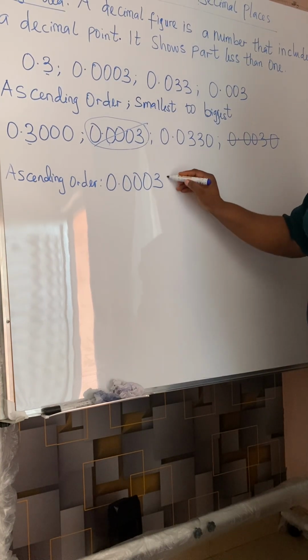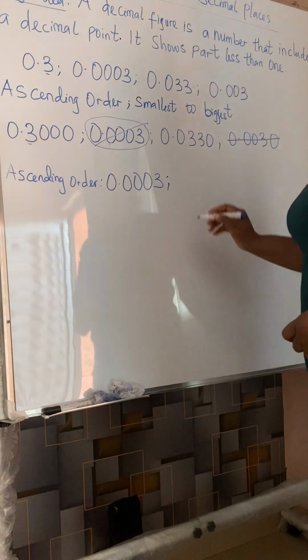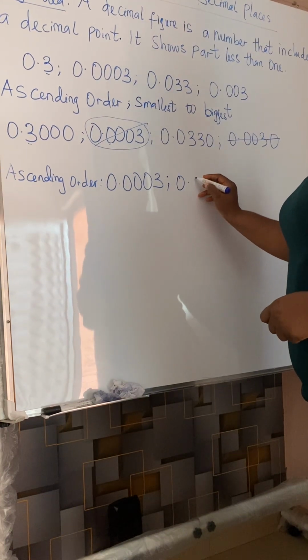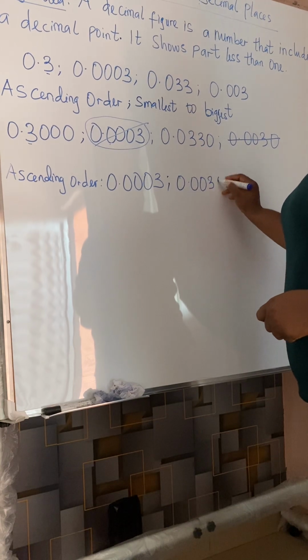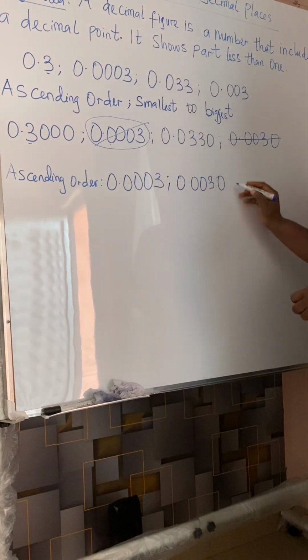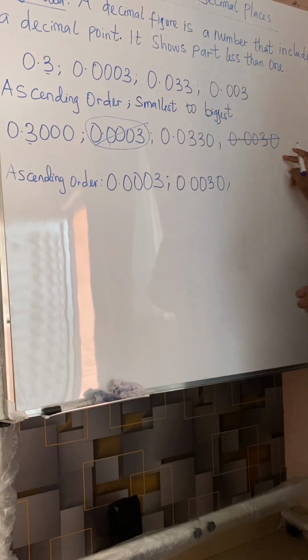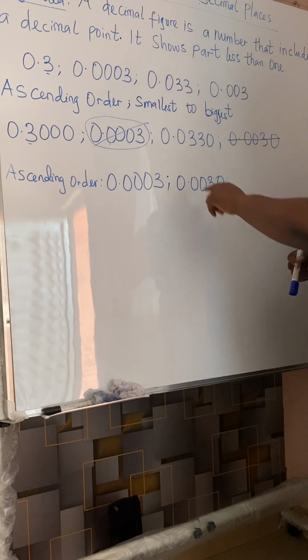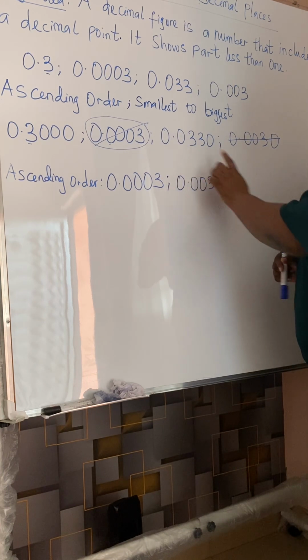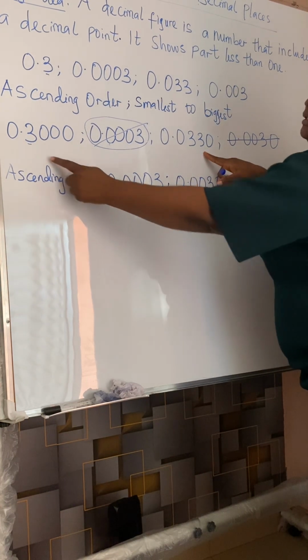So the second to smallest is 0.0030. So I'll come here this way, and I'll write 0.0030. Second to smallest. This one is going home. But remember, your numbers must go home rejoicing. If not, you get a dot. Then the 3rd to smallest is going to be between this and this.